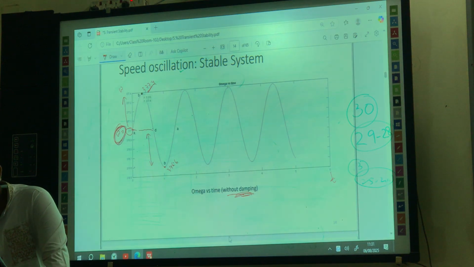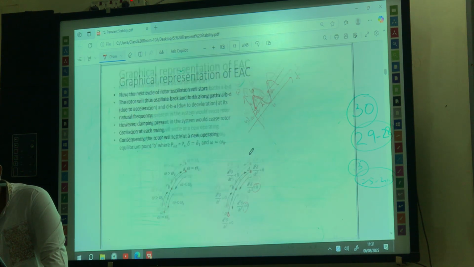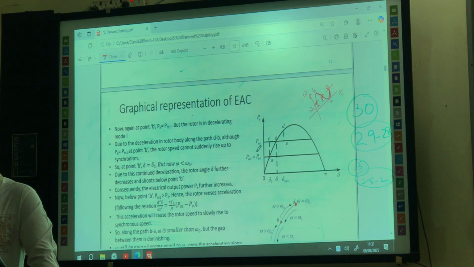That means if you go along this curve and think about the damping state, from, let's say, A, we have started from A, then we have come to point B. So let's say this is the acceleration power, stored kinetic energy, right?